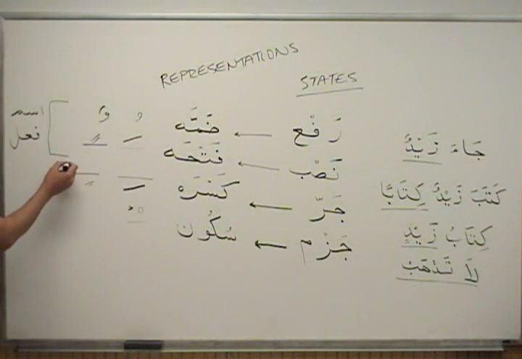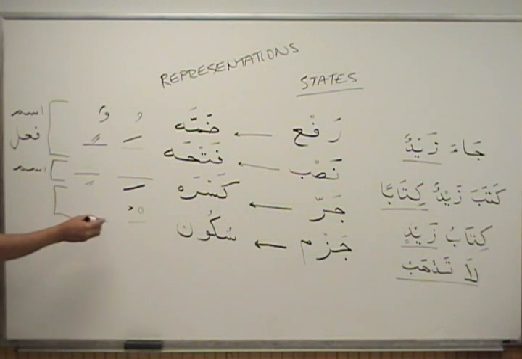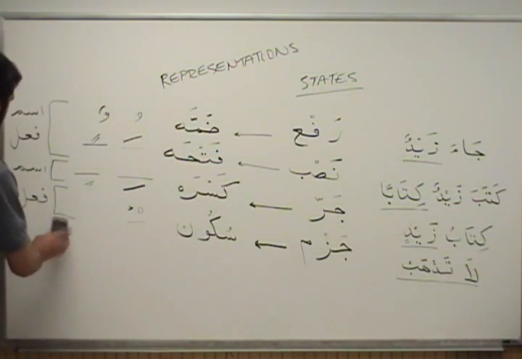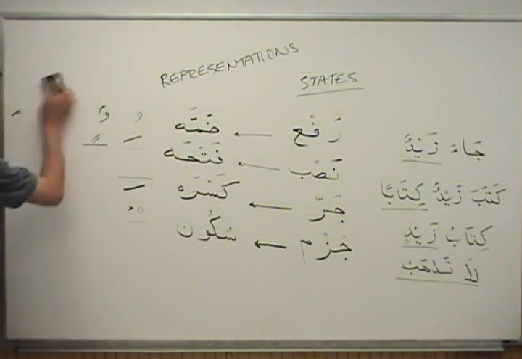The state of jar is only for ism. The state of jazm is only for fi'l. So these are the different states and their representations. Now we can move on.